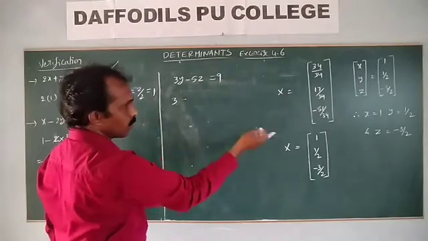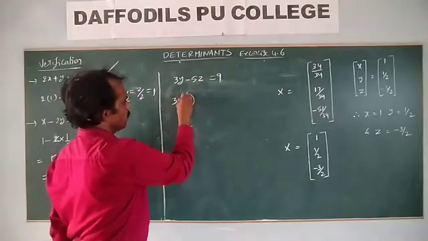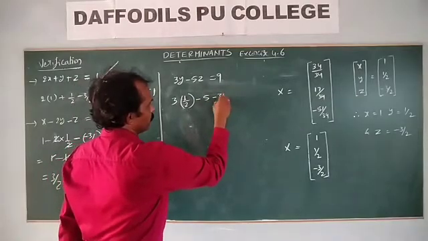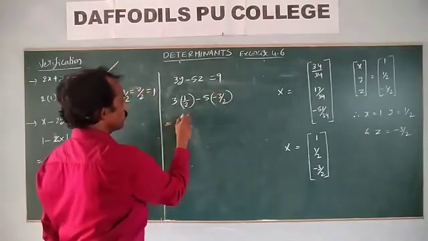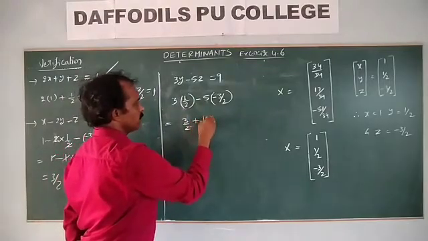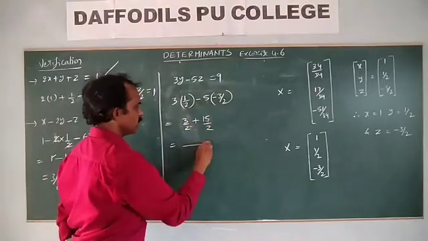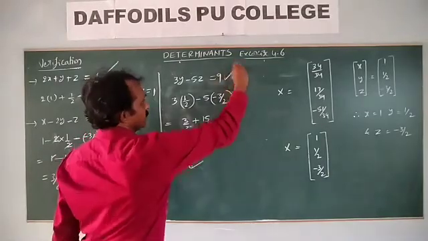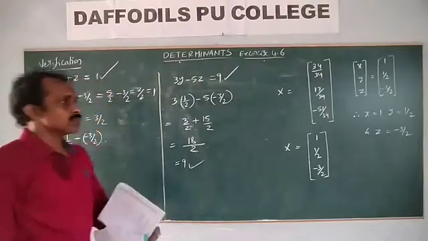So 3y value 1 by 2 and 5 into z value minus 3 by 2. This is equal to 3 by 2 minus into minus plus 15 by 2. LCM 2, 18. Answer is equal to 9. Correct. RHS satisfied.